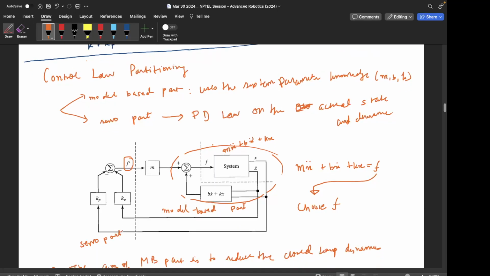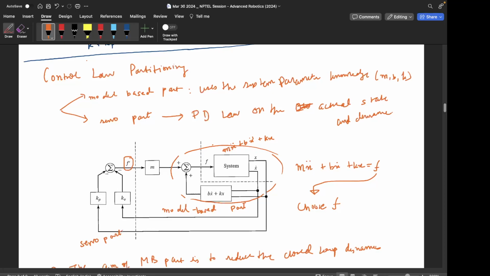In the control law partitioning, we divide the control design into two parts, the model based part and the servo part. So the model based part uses system parameters knowledge to reduce the system dynamics to a unit mass system or a double integrator system.